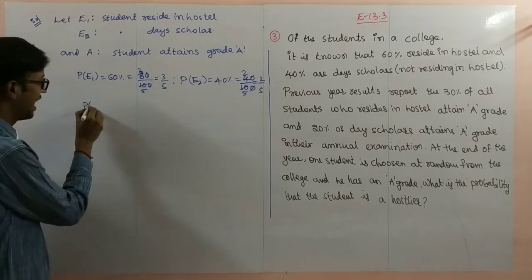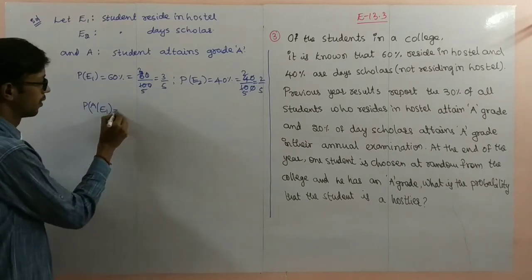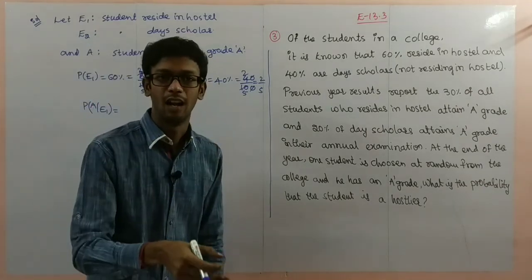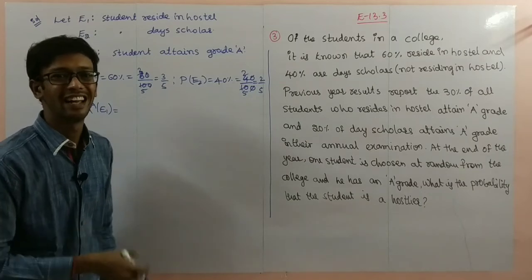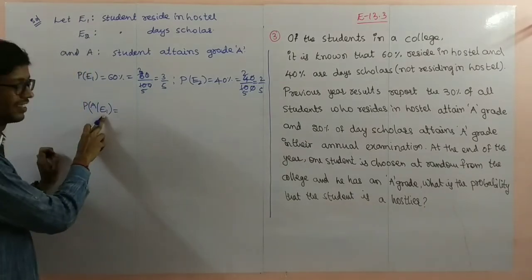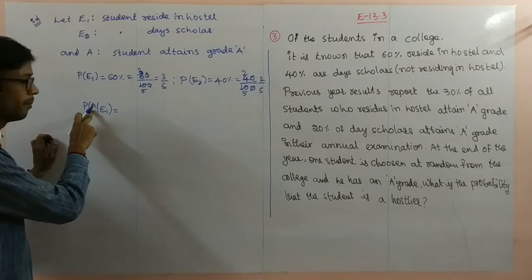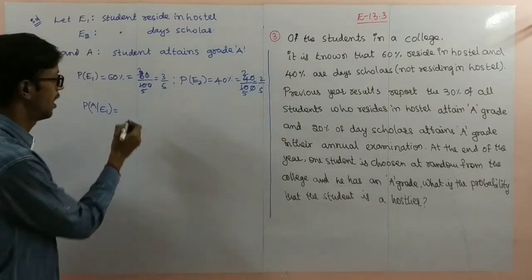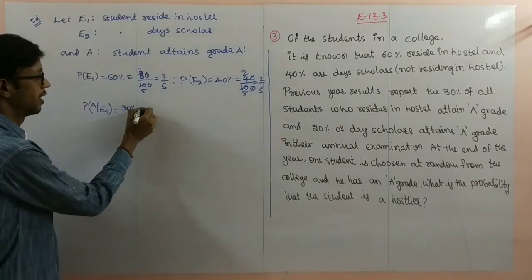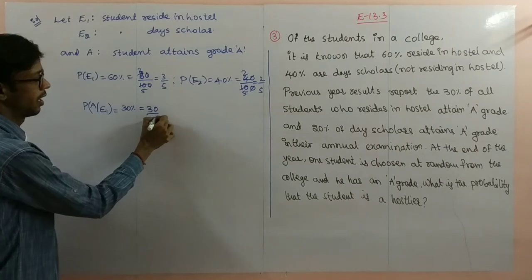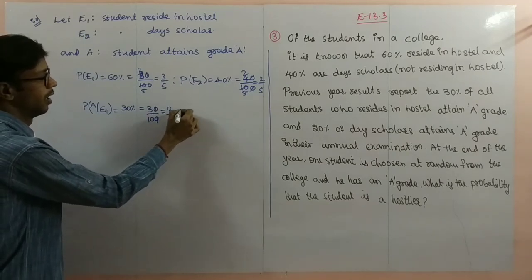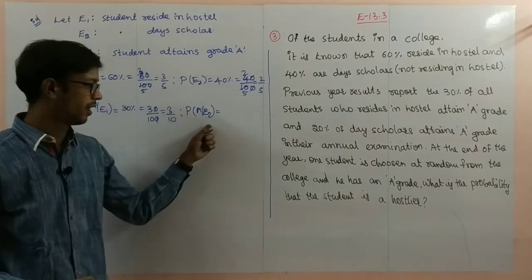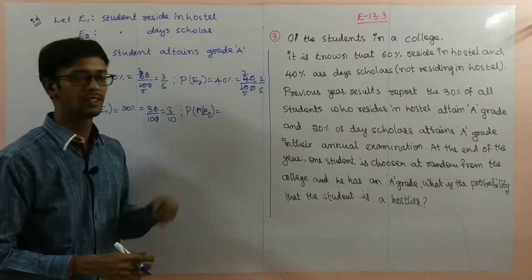Now probability of A by E1, that means in hostel, how many students get grade A. Hostel is already fixed; how much is the probability of grade A? 30% of hostel students, that is 30 by 100, that is 3 by 10. Next, probability of A by E2: day scholar fixed, how many day scholars get grade A?